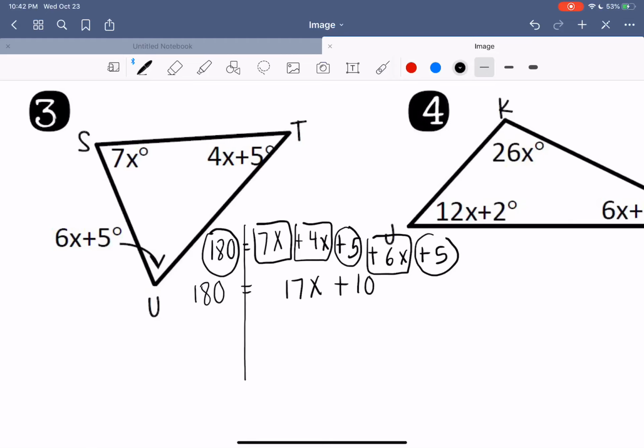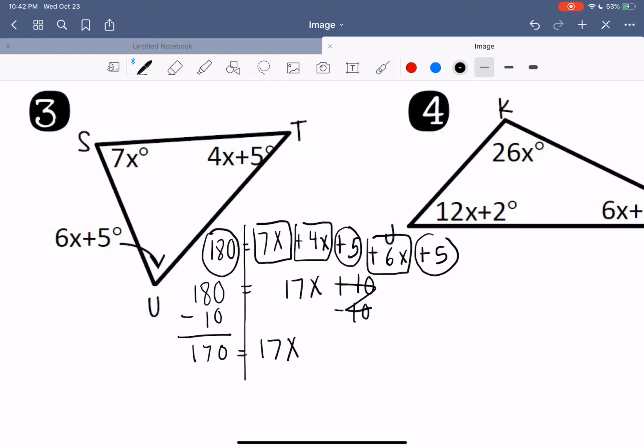We have a positive 10 and a 17x, and since we don't have variables on both sides, we're going to have to isolate the 17x, and we can do that by the inverse operation of positive 10, which is to subtract, and we'll be left with 170, and we still have our 17x.